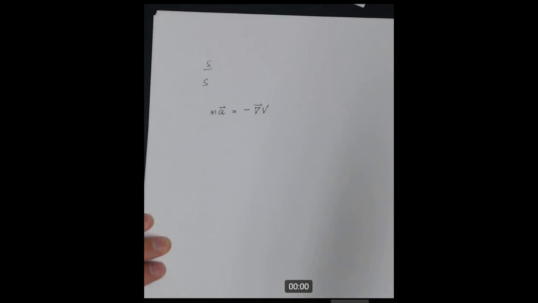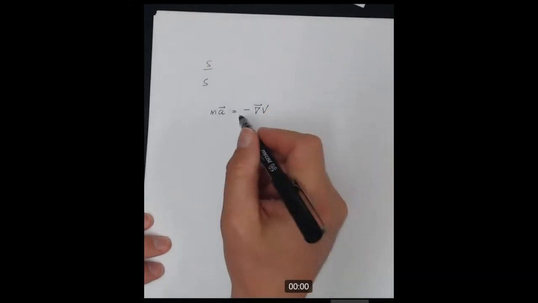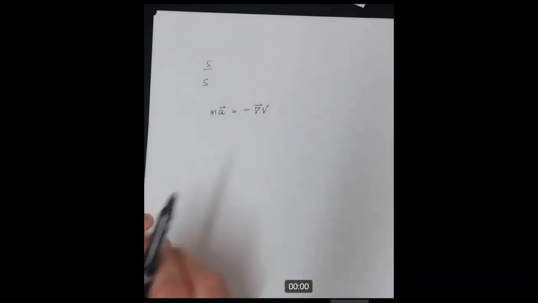Now, what this shows also, if you think about it, is that minimizing the action leads to Newton's second law. Now, this was for a conservative force, but what you need to realize is that all of our fundamental forces are conservative forces.